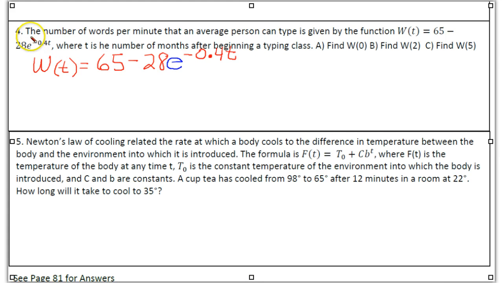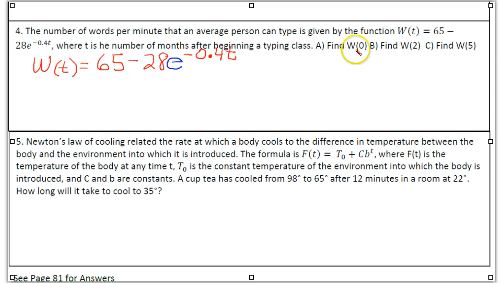In example 4, again, the number of words per minute that an average person can type is given by this function, which I've written out here, where t is the number of months after having begun a typing class.